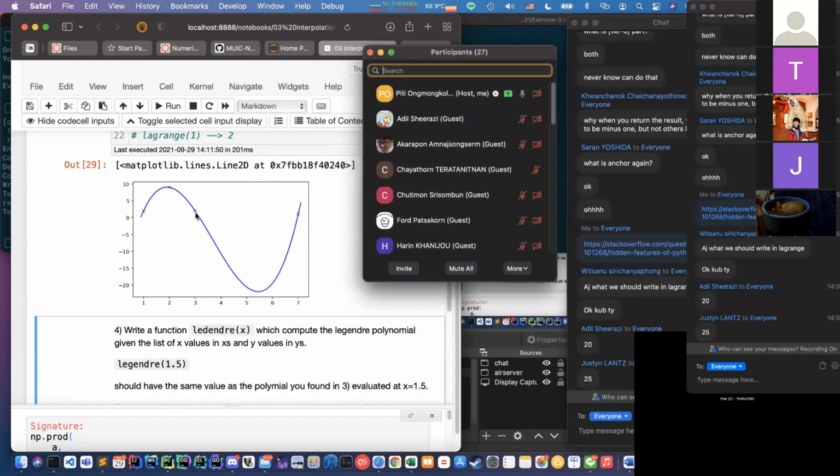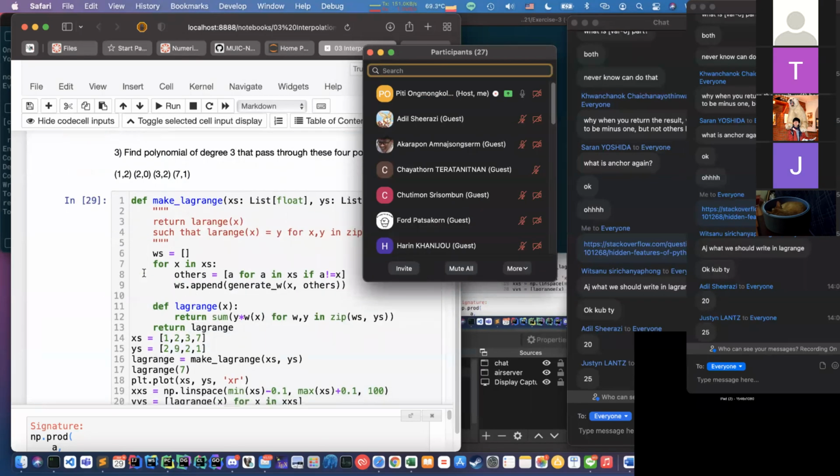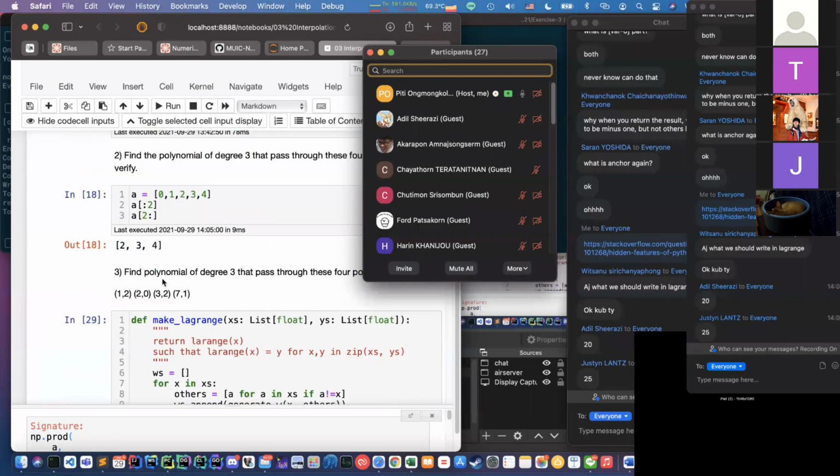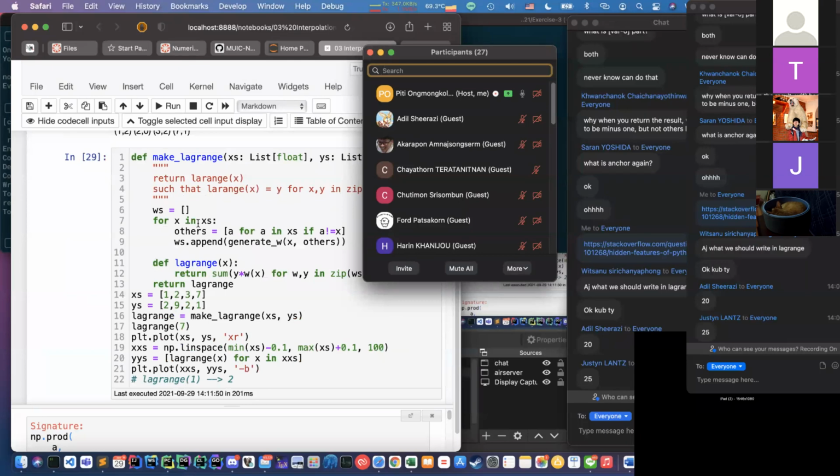Okay, raise your hand if you have this graph already. Just use the W generator, the generate W that you made. Make your life a lot easier.